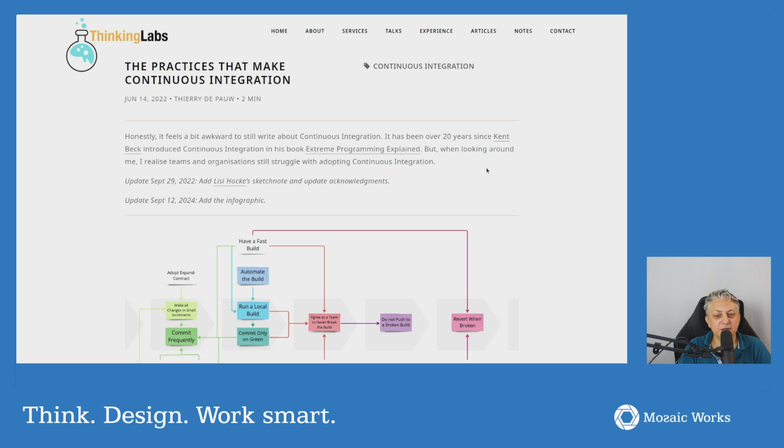And there are a bunch of things that you can do around here. If you've seen my previous videos on this, Thierry is a big fan of pushing to the main branch, something called trunk-based development. And I believe that this is a trade-off.